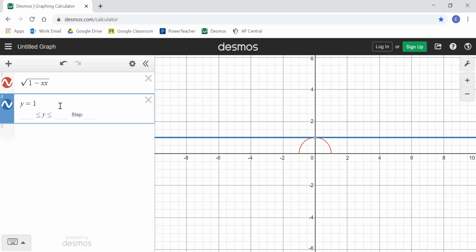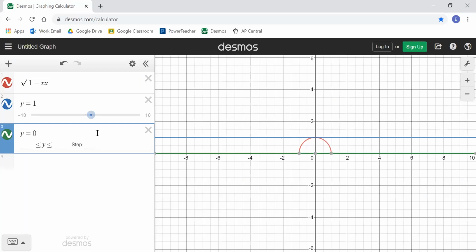So y equals 1 is tangent to our function at 0, a horizontal line, and it should be parallel to the line that goes through those two endpoints, right? Which would be y equals 0. Good or no?